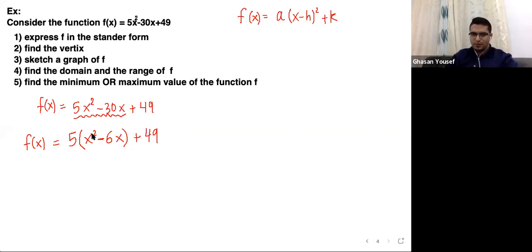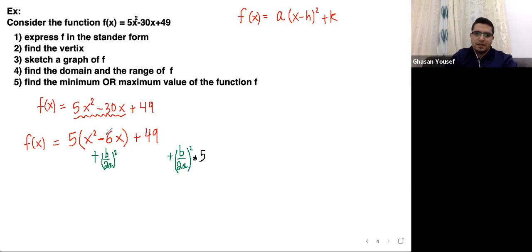Now, second step, we have to complete the square inside the parentheses. So to complete the square inside the parentheses, we should add the value (b over 2a) squared. And at the same time, we should subtract (b over 2a) squared times this number, the 5.